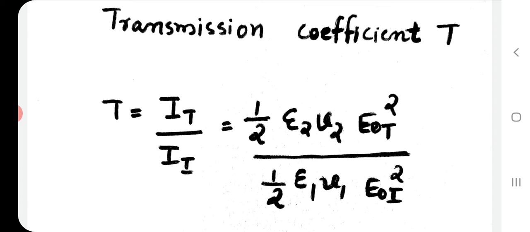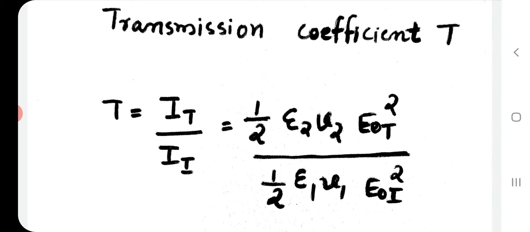IT is half epsilon 2 V2 E0T square, and II is half epsilon 1 V1 E0I square. Now for the transmitted wave, the wave traveling in the second medium, the permittivity is epsilon 2 and the velocity of the wave is V2. So this is the equation.